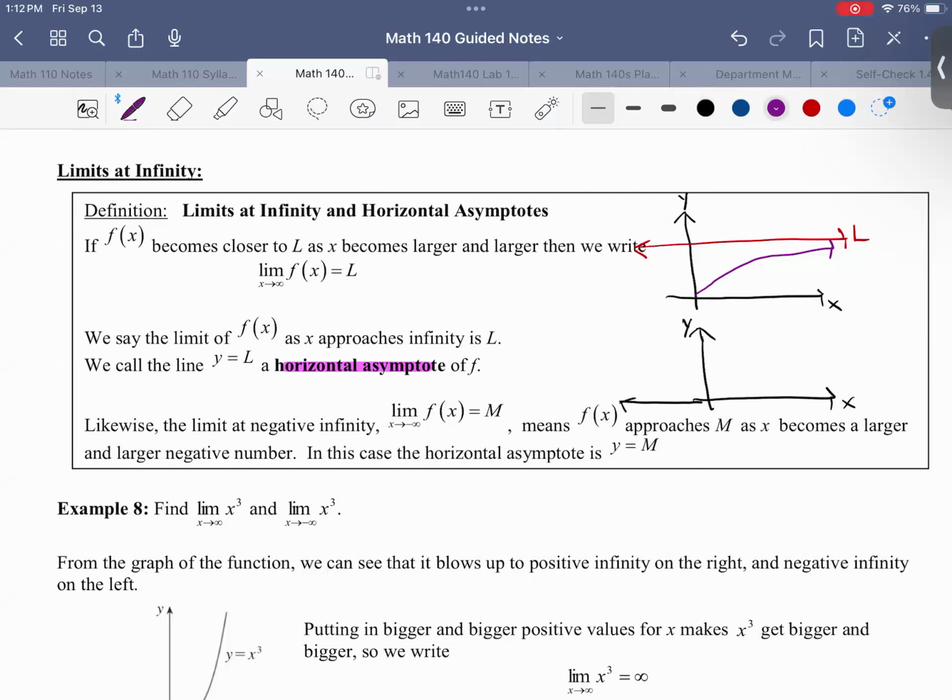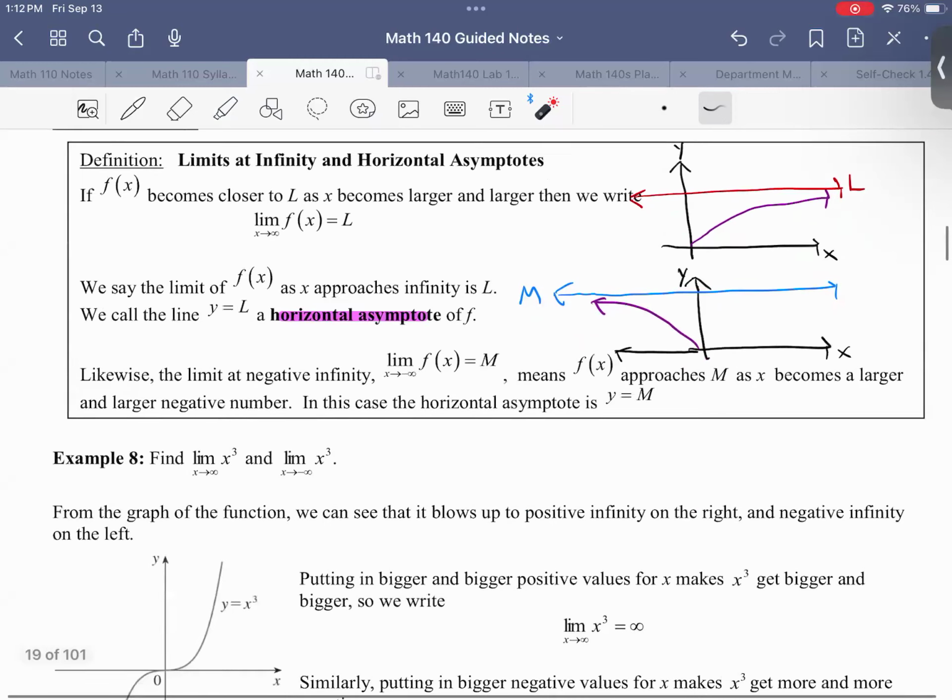I'm going that way, but there's a specific line that I can't go through. Well, that means this limit would be m, and that would be the horizontal asymptote at y equals m. As we go to negative infinity in the x direction, we just can't cross this line. That would be the limit.